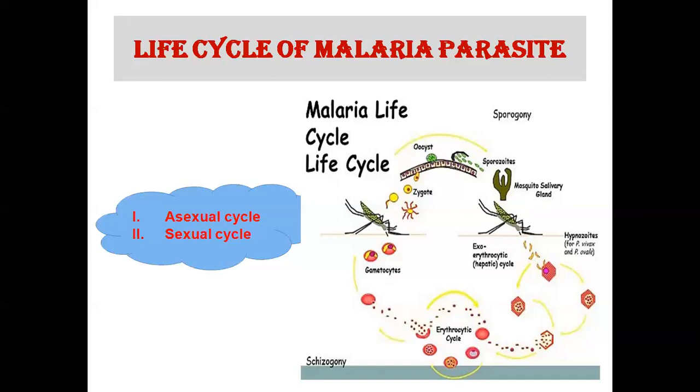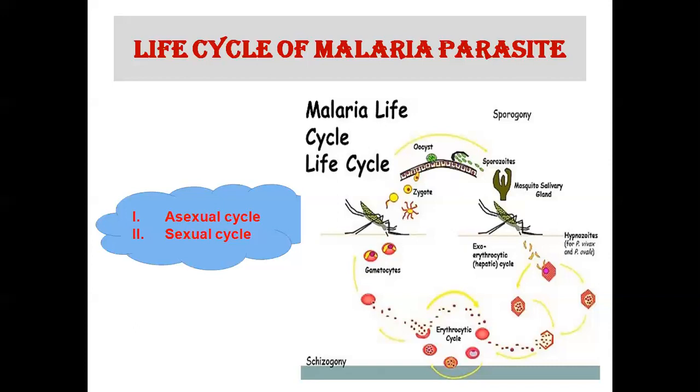Now maybe you can understand this portion. I will discuss briefly. First of all, the asexual cycle occurs in the person, and the sexual cycle occurs in the mosquito. In the sexual cycle, the microgametocyte and macrogametocyte unite to form a zygote.